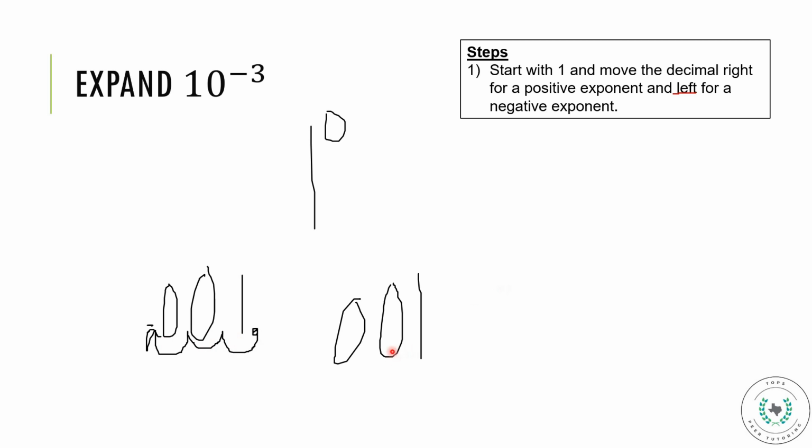But of course, when it's a negative exponent, that does get more confusing, so I would recommend doing this method instead, where you actually count the decimal. But once you expand it, you're left with 10 to the power of negative 3 is 0.001. I just added an extra 0 on there because that's how most people write their decimals.